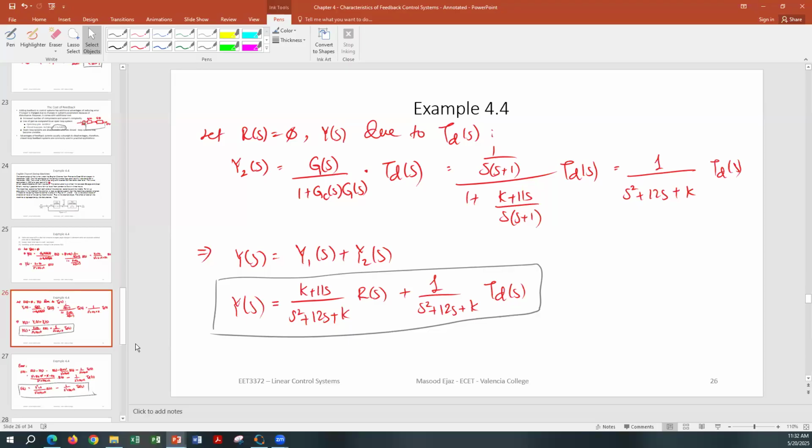So if the denominator and numerator are both large, your value is not going to be that large for R(s). But if you keep K at a large value, then yes, the effect of T_D(s) on the error is going to be smaller, as compared to if you keep the K value small. That is true, and that's what we are going to look at.